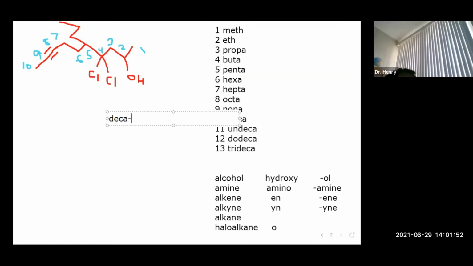Deca. All I got is deca. Where's the YN at? It's going to be at the 8. What was that? 2 4s? Oh yeah, there's going to be, yes. So how do we say that? We'll get there. So we have 8-YN. Okay, yeah, we could have a 2 in front of the deca. OL, okay.